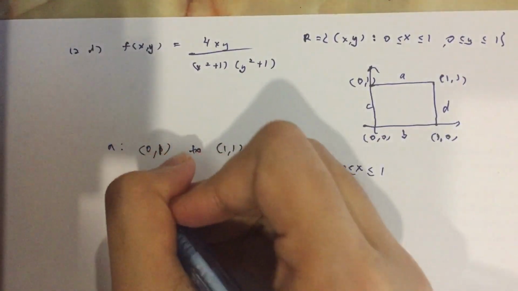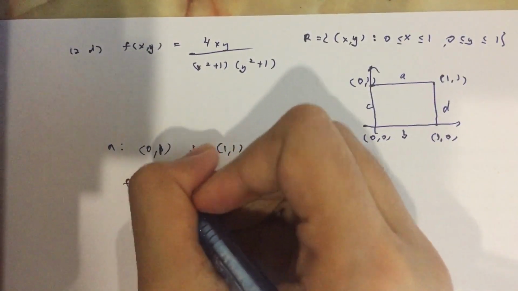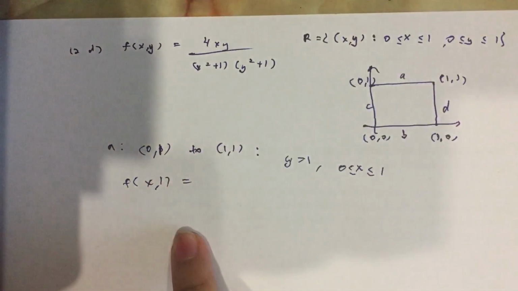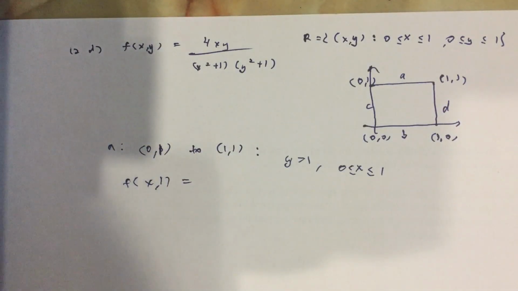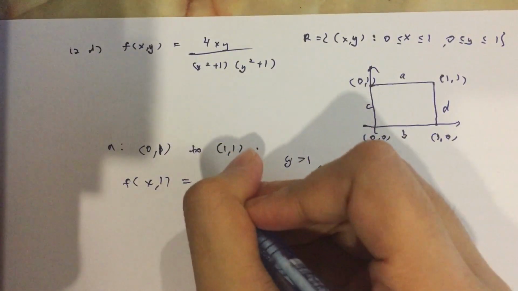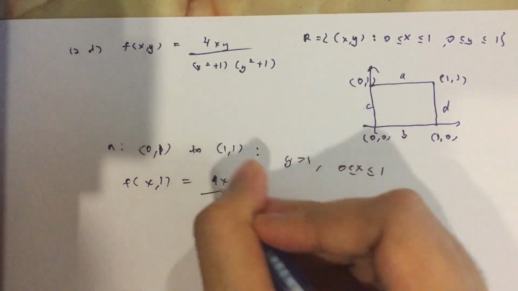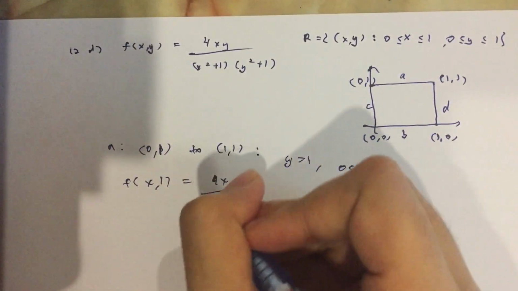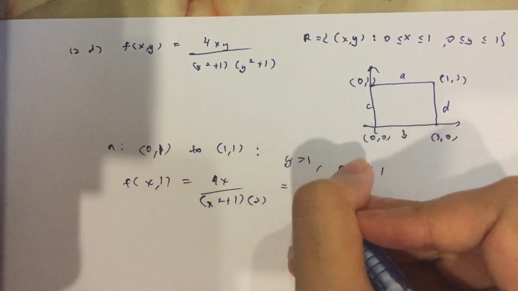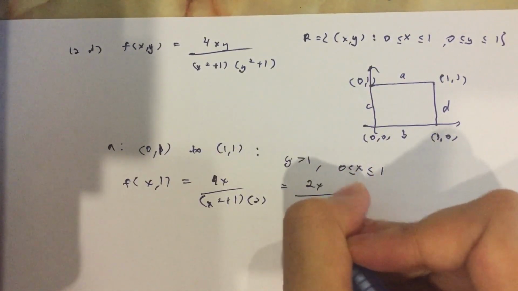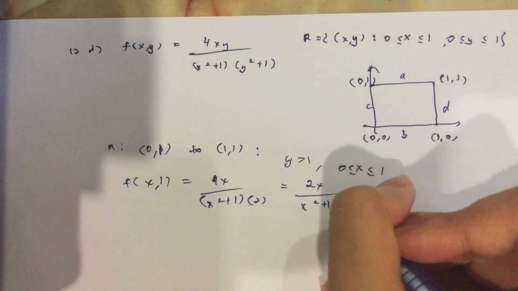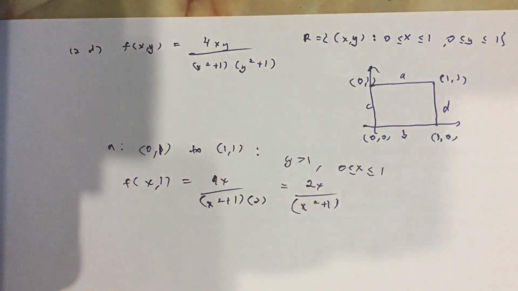So now we substitute f of x and then y equals to 1. So we have 4x over x squared plus 1 times 2, which is equals to 2x over x squared plus 1.